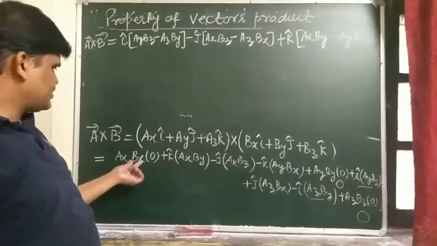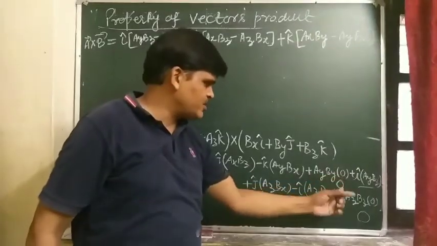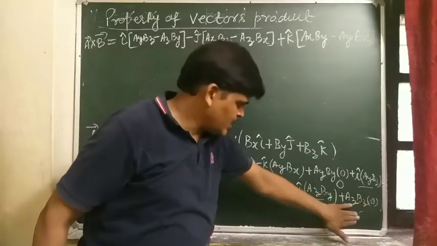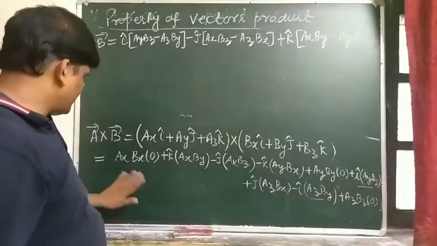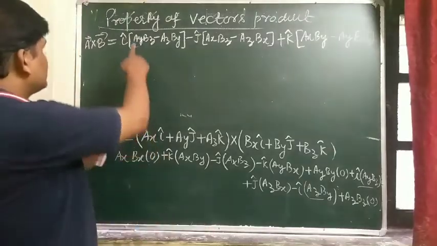And ax bx multiplied by 0, ay by multiplied by 0 and az bz multiplied by 0, that is 0, because the magnitude of a null vector is 0.